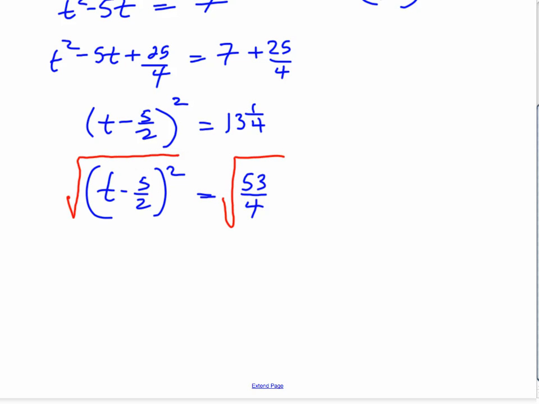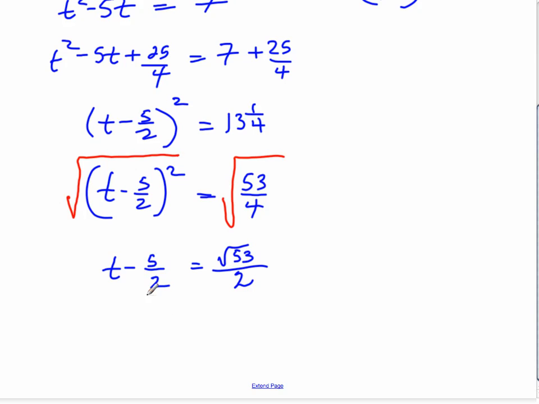So on the left side I'll just be left with t minus 5 halves. On the right side I'll have the square root of 53 over 4. I can take the square root of 4, so I'm just going to leave the square root of 53 on the top, and on the bottom, instead of the square root of 4, it's just going to be 2.